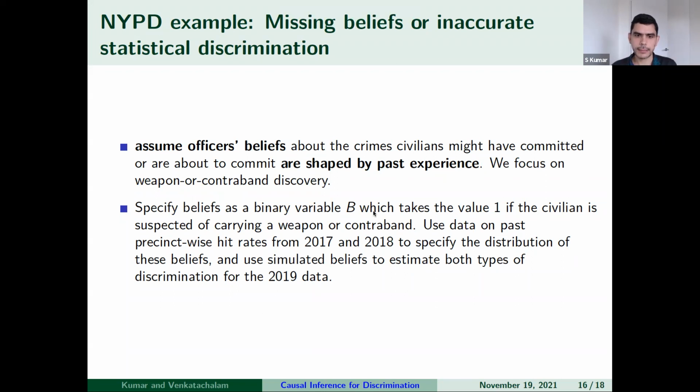Use data on past precinct-wise hit rates. By hit rate, we mean the proportion of civilians who were then discovered after a search or frisk to be carrying weapon or contraband. We use historical data from 2017 and 2018 to specify simulated beliefs for 2019 data. And we're going to estimate discrimination only for 2019 using these simulated beliefs.